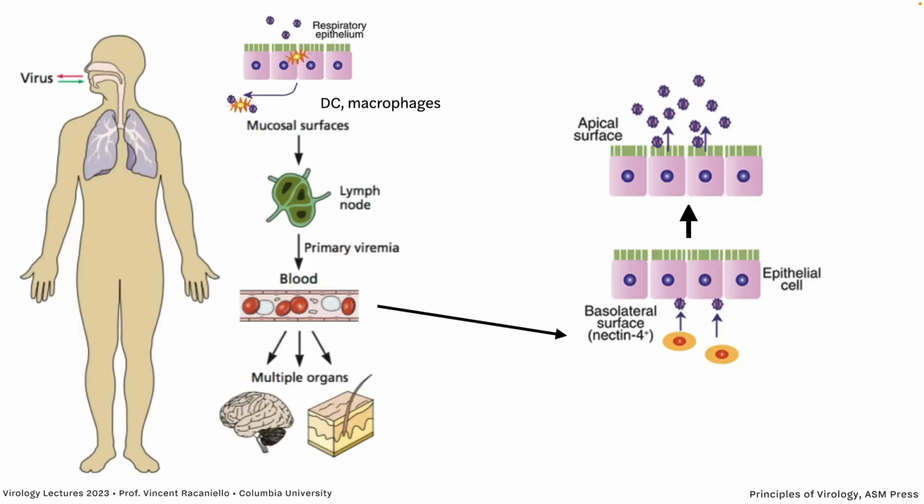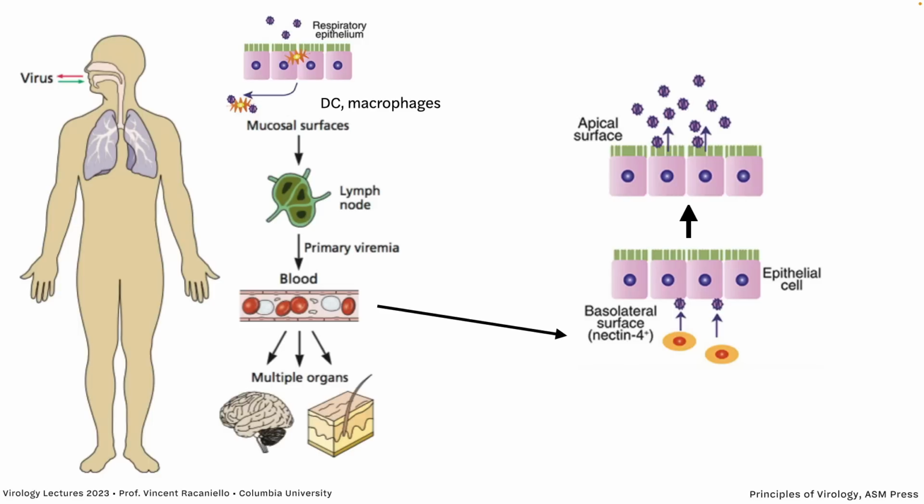Pathogenesis is quite interesting. So you inhale the virus. Droplet inhalation, but it doesn't actually reproduce in the epithelial cells. It attaches to dendritic cells and macrophages, which bring it through the epithelium, and it makes its way to lymph nodes and reproduces in lymphocytes.